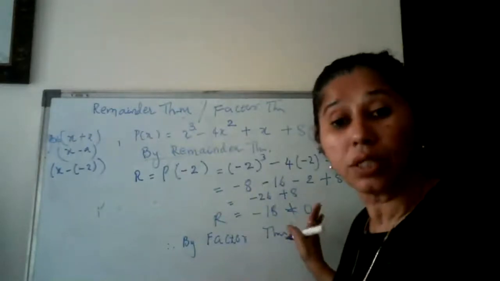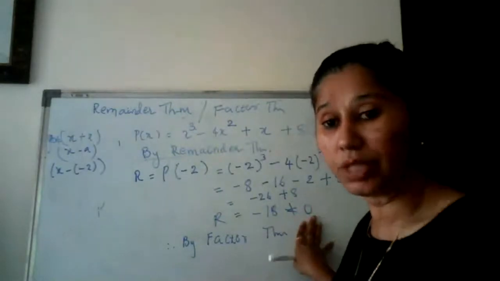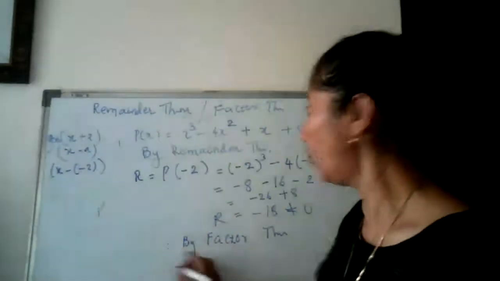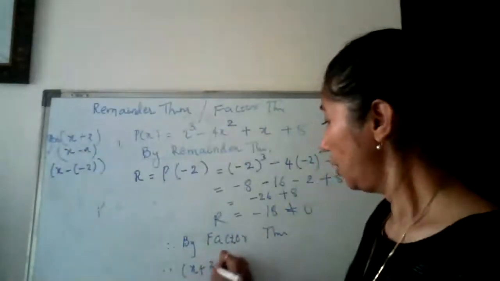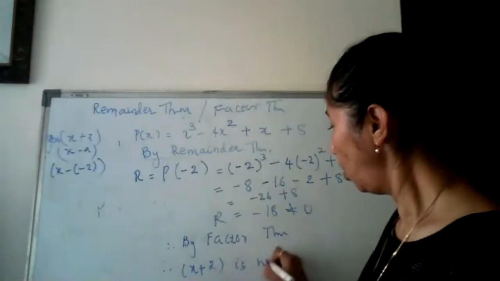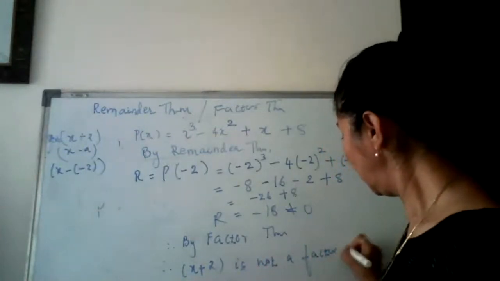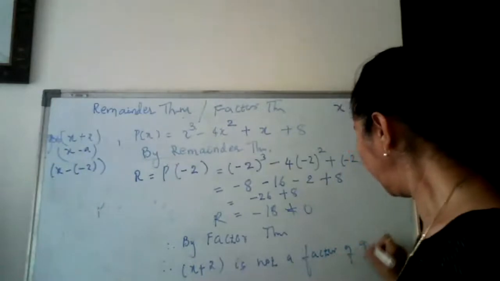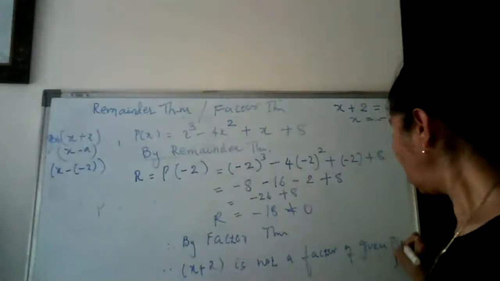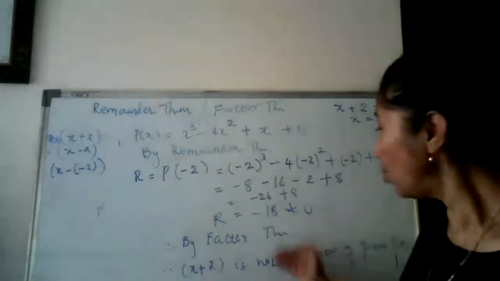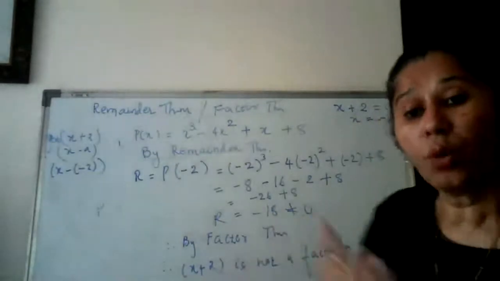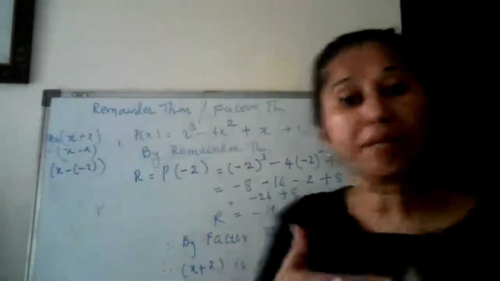And remainder is not a zero, like it doesn't give the value 0 and hence we can say therefore x plus 2 is not a factor of given p(x).